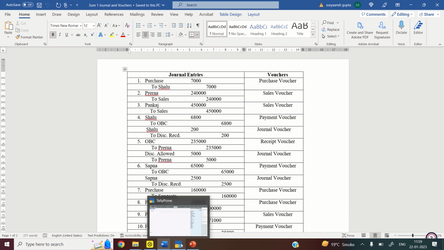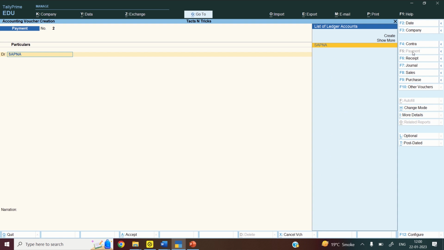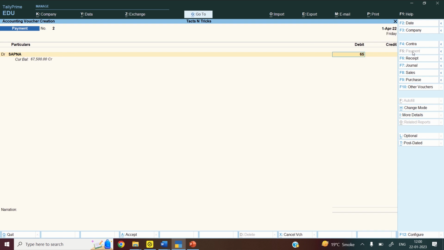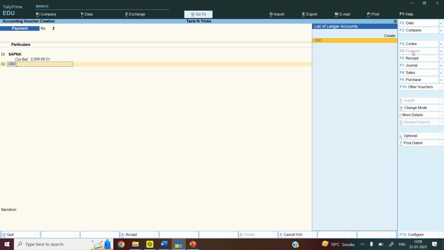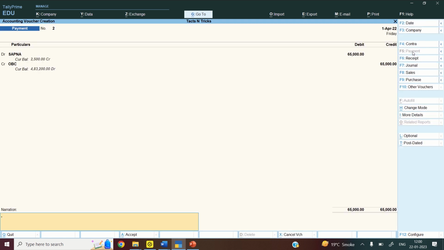Okay. So one will come to the payment voucher and one will come to the journal voucher. So I will go to the payment voucher. I will write Sapna. I have made a payment of 65,000 to Sapna via OBC, because in the question it is said that all the debtors and creditors payments are done through OBC.